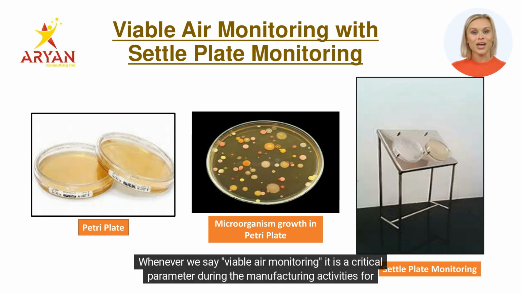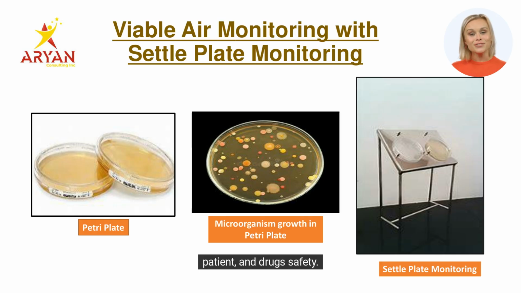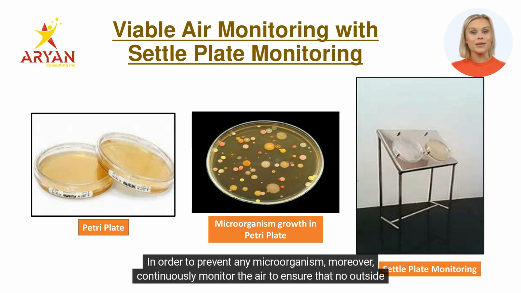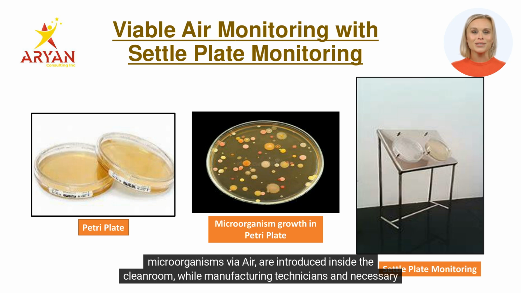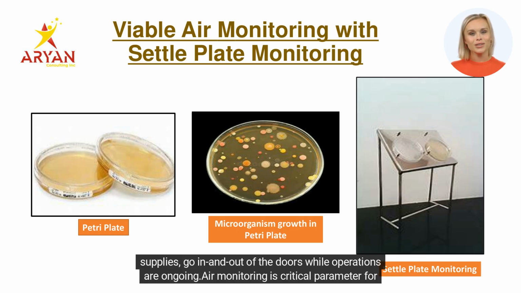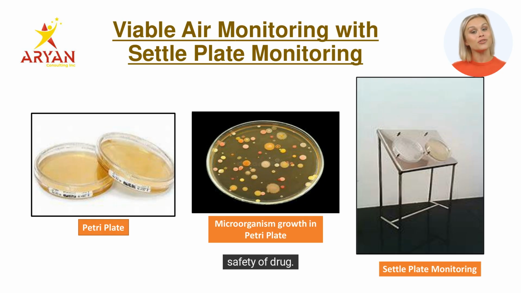Whenever we say viable air monitoring, it is a critical parameter during the manufacturing activities for patient and drug safety. We continuously monitor the air to ensure that no outside microorganisms via air are introduced inside the cleanroom, while manufacturing technicians and necessary supplies go in and out of the doors while operations are ongoing. Air monitoring is a critical parameter for safety of the drug.